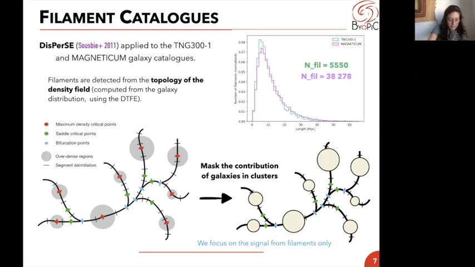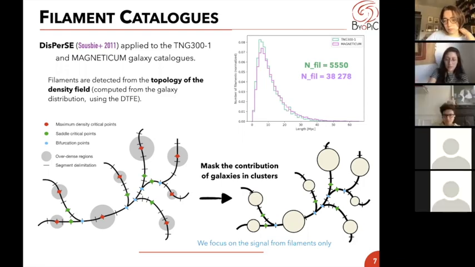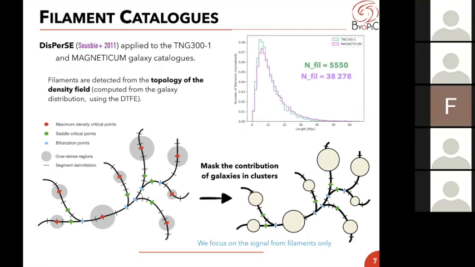Then I applied this detection algorithm to the catalog of galaxies to get the filaments. DisPerSE is an algorithm that first computes the density field from the galaxy distribution, and then detects the filaments based on the topology of this density field.